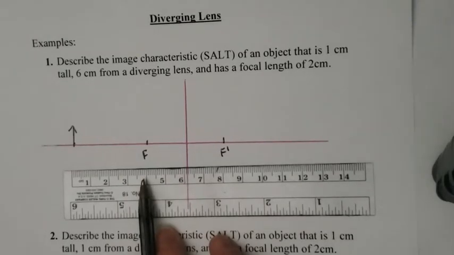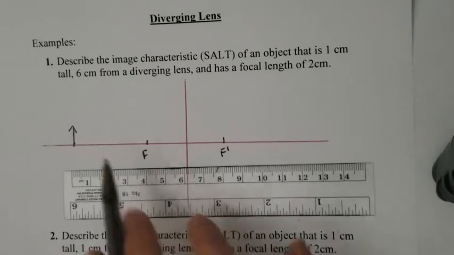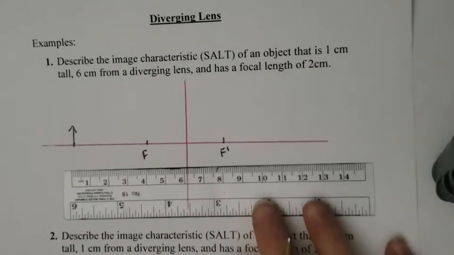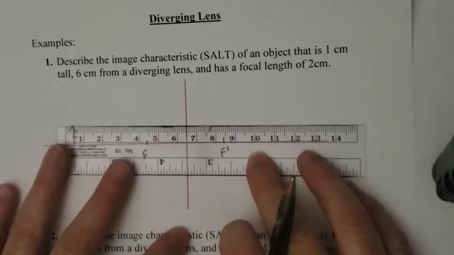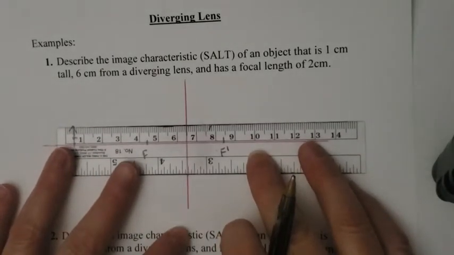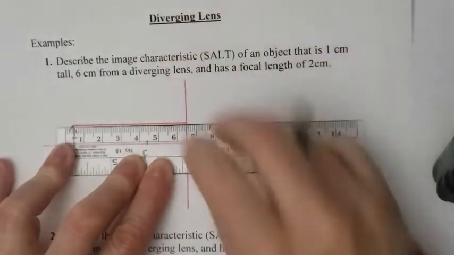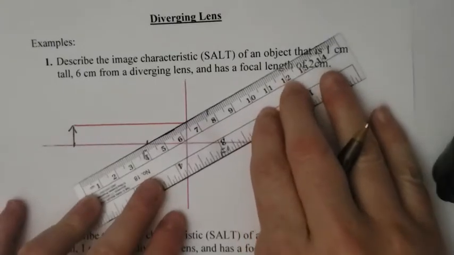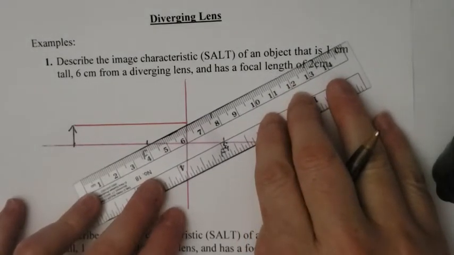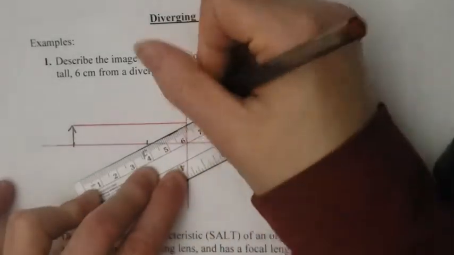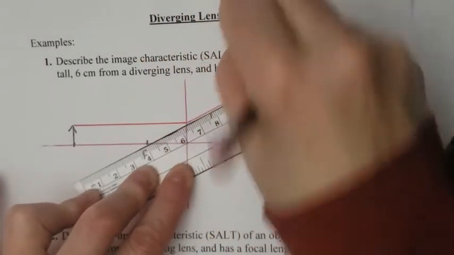So that's something you have to keep straight in your head. All right. So the next thing we do is we can start drawing our lines. So the first one, what we're going to do is we're going to go parallel. And then when it hits the lens, we stop. And you turn your ruler, so now that it goes through F. So what happens in reality is the beam goes parallel, and then it refracts out like that.